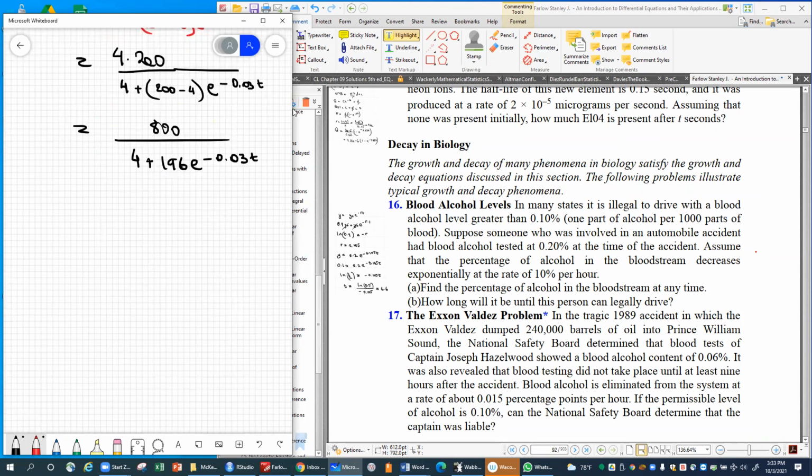So first of all, it's exponential decay. So y0 e to the minus rt. Okay. So what do we know? We know that the percentage of alcohol decreases exponentially at a rate of 10% per hour.